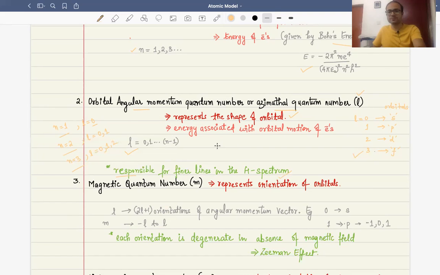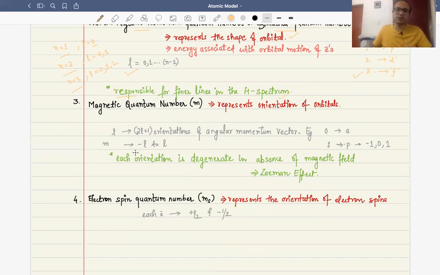Moving on, the third quantum number that you have to study is the magnetic quantum number, represented by the letter m. Okay, and this represents the orientation of the orbitals. Now, angular momentum, as we know, is a vector quantity, so whenever we talk about a vector quantity, it will always have a direction.